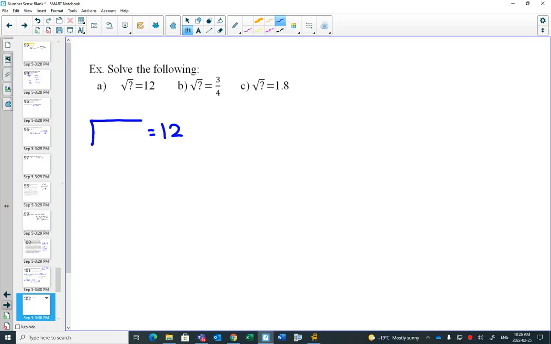Yes. If this is equal to 12, then what goes inside here has to be 12 times 12. Because a square root is looking for the number that multiplied by itself equals 12. And then I can figure out that the question mark had to be 144.